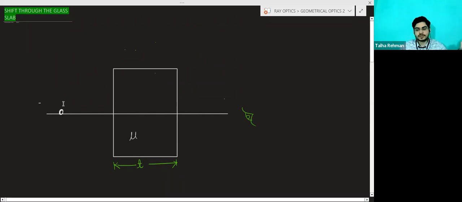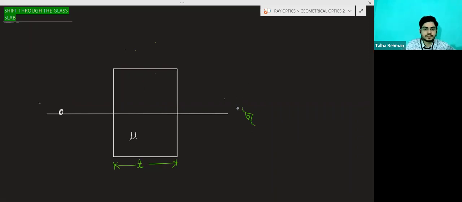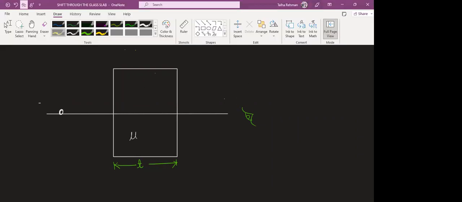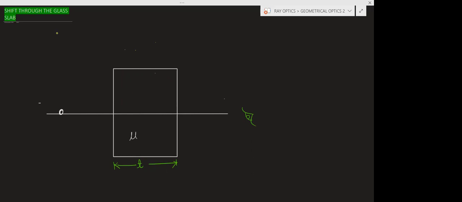On the left side of the glass slab is the object, and on the right side of the glass slab is the observer.